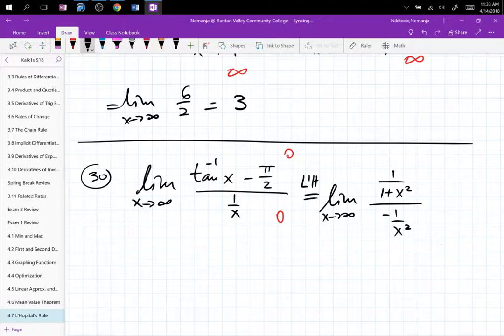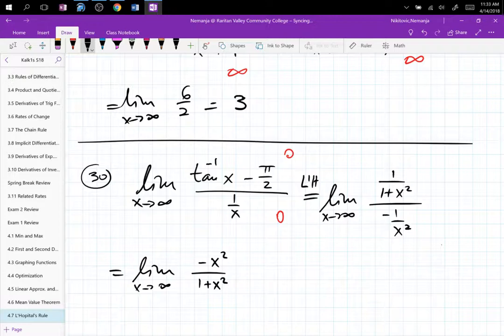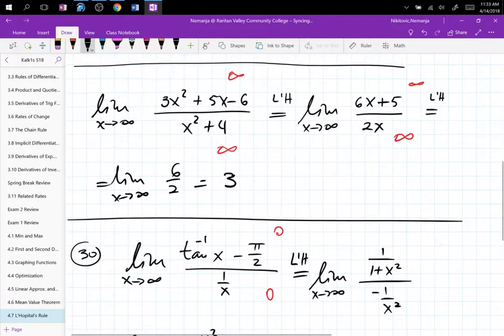So now what? Now we deal with the double fraction, right? Let's do some algebra before we hit this with calculus. When you do algebra, the two that are far apart multiply in the numerator, so that's going to be negative x squared, and the other one stays in the denominator. Do we see that this just transformed into a problem we just had?